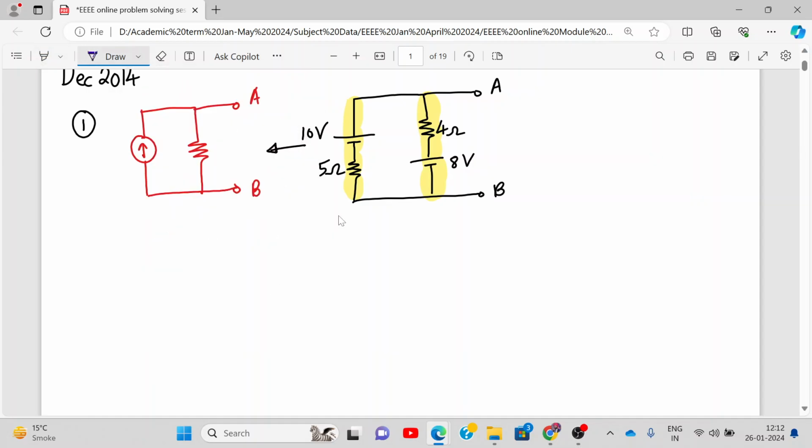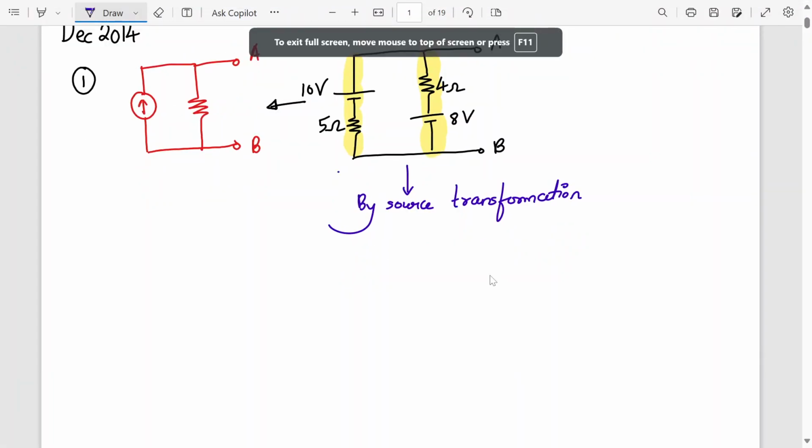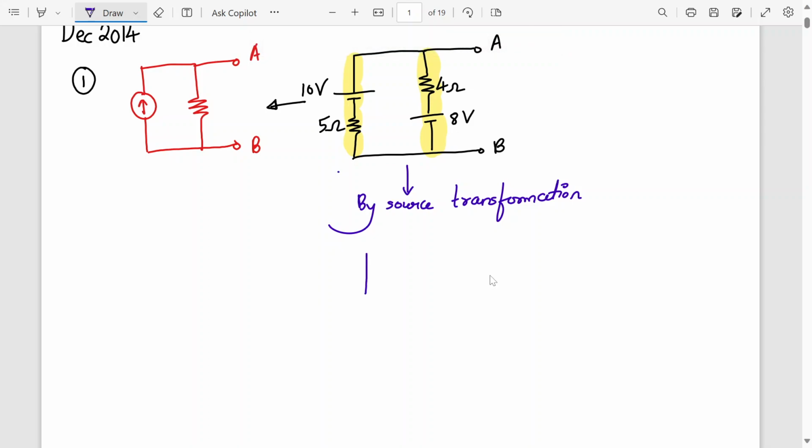So by source transformation, this will get converted into a current source with a parallel resistance, and the other half also will be converted into a current source with a parallel resistance. Alright, now what will be the answer to the first one?